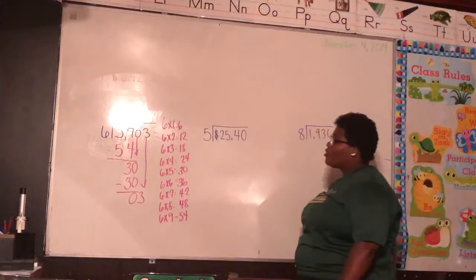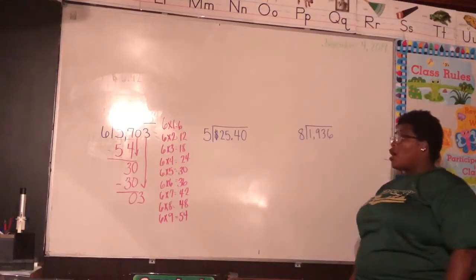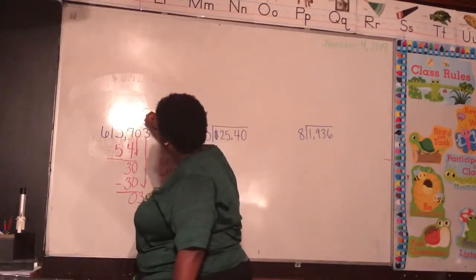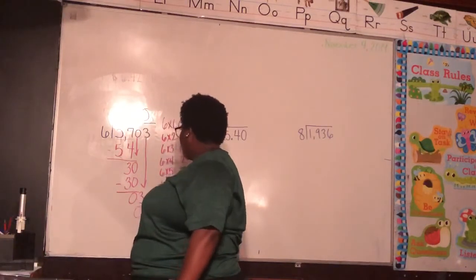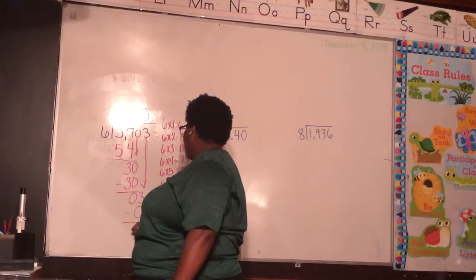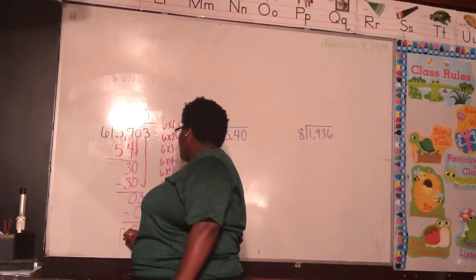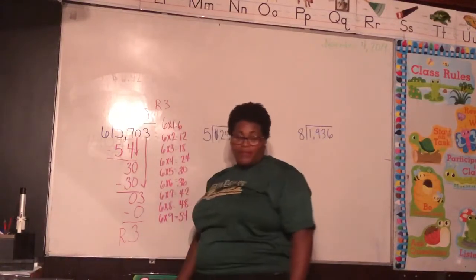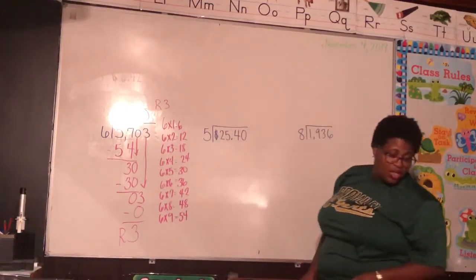Can 6 go into 3? No, it absolutely can't. So, we're going to put a 0. And this is called our remainder, remember? 950, remainder 3.